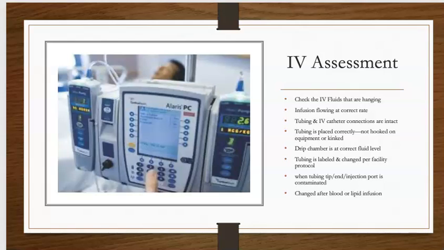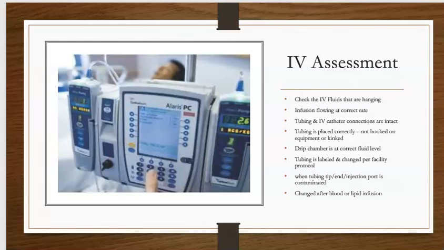You also want to make sure that your tubing is placed properly. It's not kinked. It's not pulling on anything, because that could be causing a challenge for the IV. You want to take a look at your drip chamber. You want to make sure that the drips are dropping in the proper drip chamber, and that it's at least a quarter to halfway full. And once again, the label per policies.